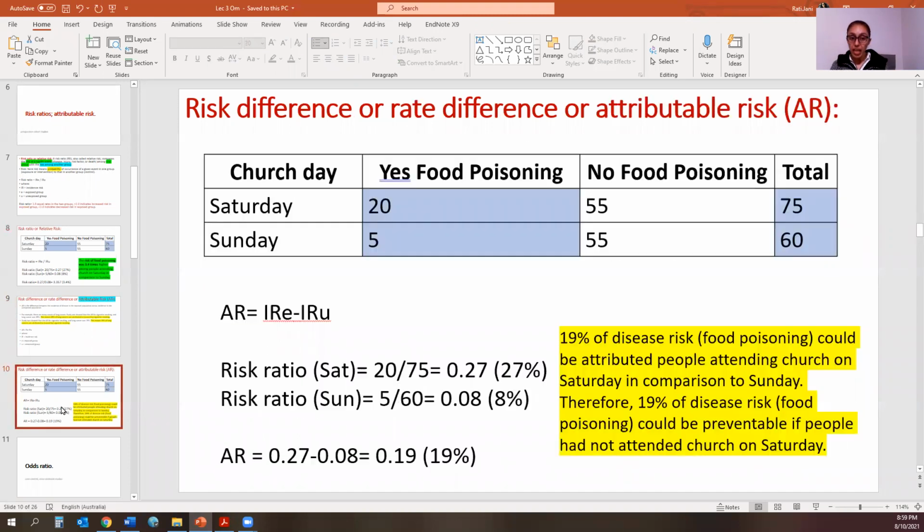All right, so that's the lingo or the language you use when you are reporting attributable risk. Attributable risk is also called rate difference, risk difference, and so on. I hope this concept is clear, and both of these calculations are very straightforward, as simple as it can get.